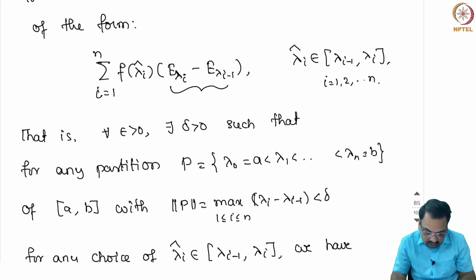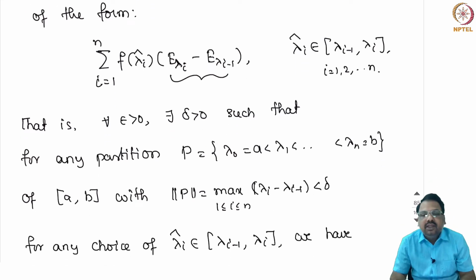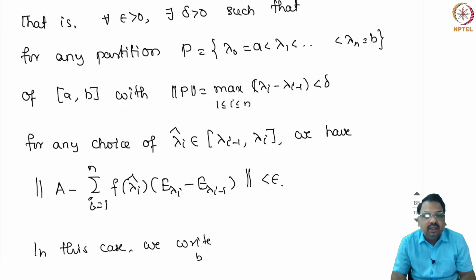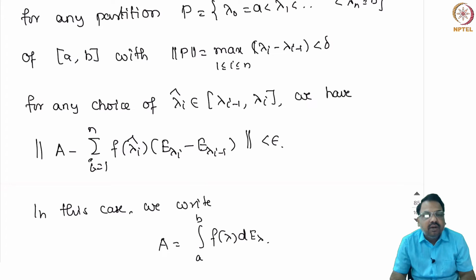The meaning of this is that given any epsilon positive, there exists a delta such that for any partition P of [a, b] with norm of P less than delta, and for any choice of lambda i hat in the ith subinterval, the operator norm of A minus the summation i equal to 1 to n f of lambda i hat multiplied by (E lambda i minus E lambda i minus 1) is strictly less than epsilon.